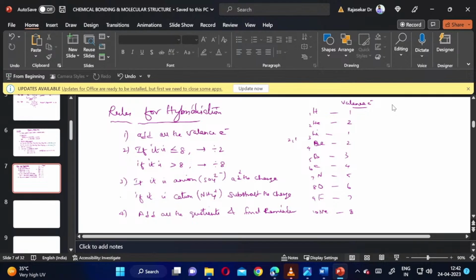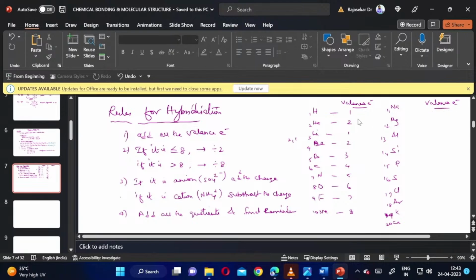Then after neon we have sodium, magnesium, aluminum, silicon, phosphorus, sulfur, chlorine, argon, potassium, calcium. Atomic numbers 11 to 20.